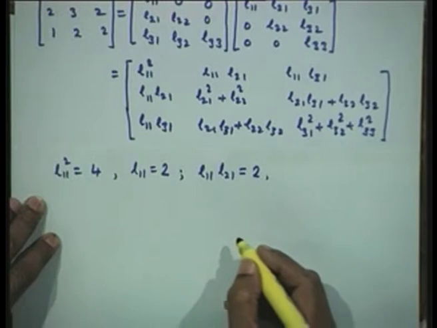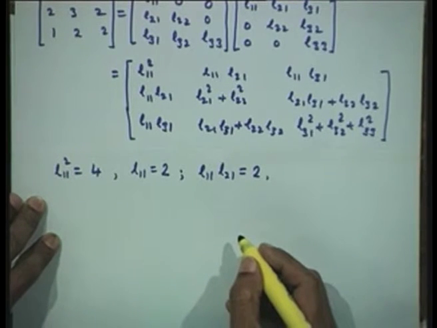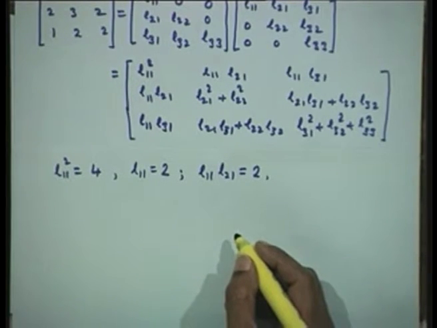When we are talking of a square root, we will be talking only of the positive square root. Either you use the positive square root throughout or you use the negative square root throughout. I can also use the negative square root, it would also give me the same solution. But it is conventional to use the positive square root.